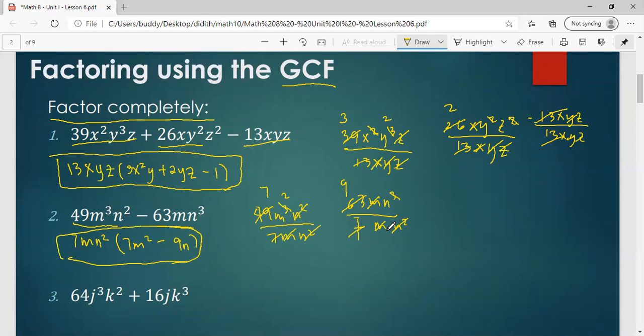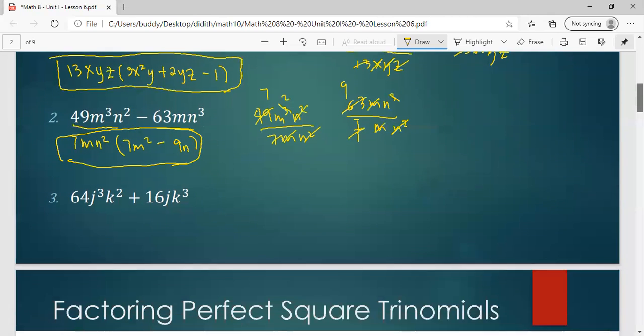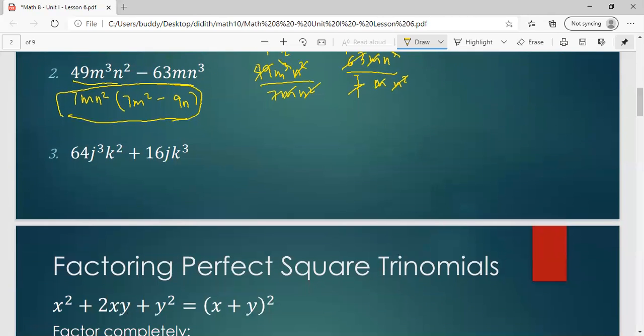So for number 3, what will be the GCF for this? It's 16jk squared. Now we will divide both terms here. We'll divide 64j cubed k squared by the GCF 16jk squared.